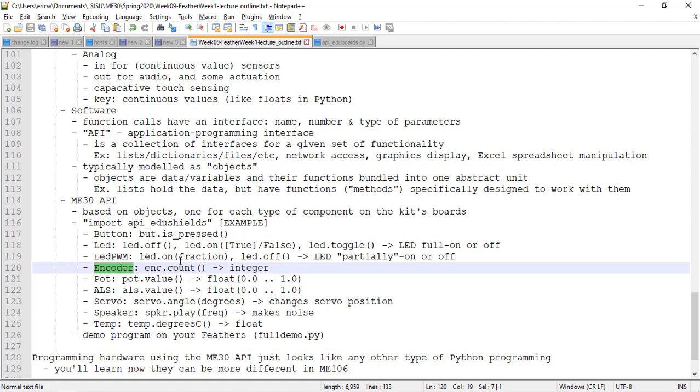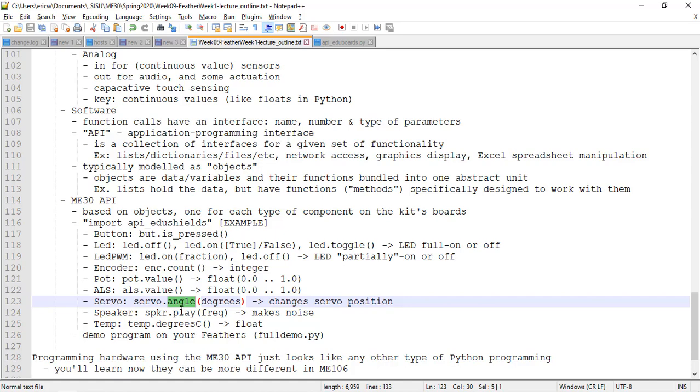So it doesn't make sense to ask anything else of a servo. Electrically, a servo can't tell you what angle it's at. That would be nice, but electrically, it can't do that. So the only thing that makes sense to do with the servo is to ask it to go to a certain angle.